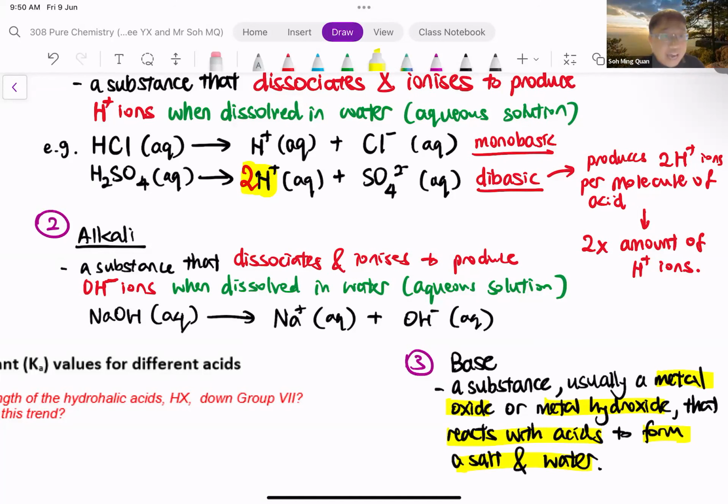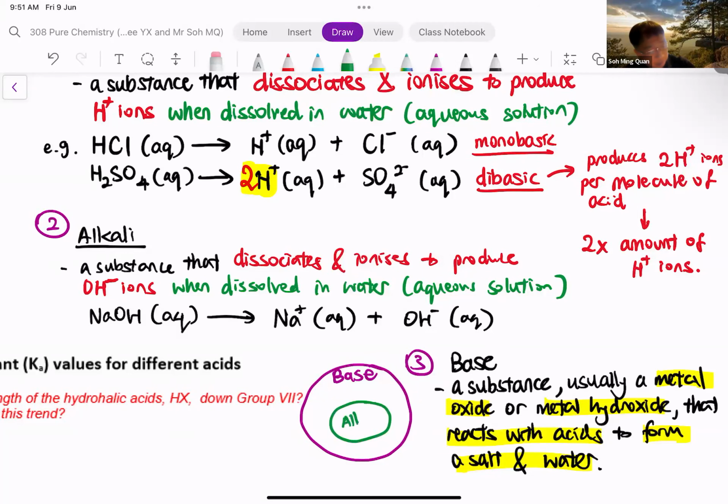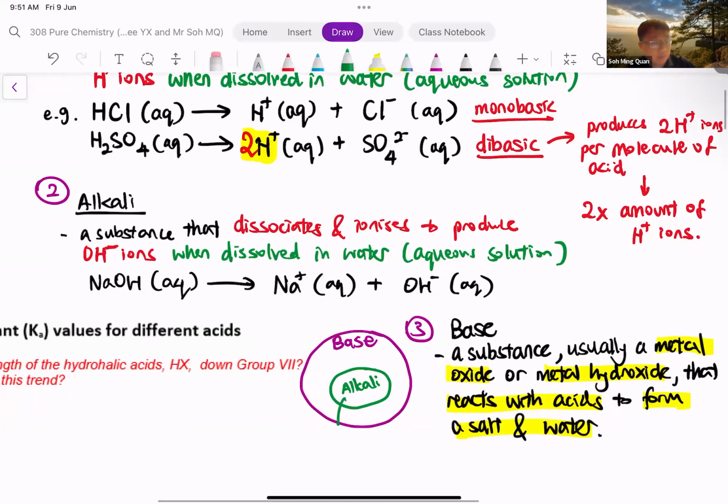So base is the more generic, bigger category. Alkali is a smaller category. In what sense? Alkali is a smaller subset of base. Why must alkali be a smaller subset? Because alkalis must be soluble.